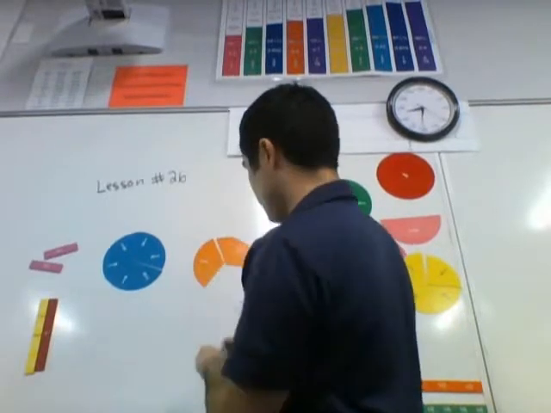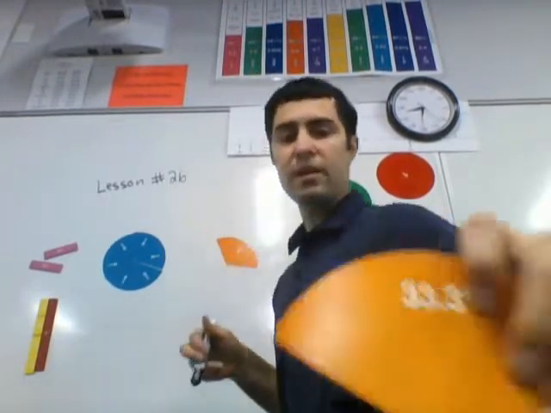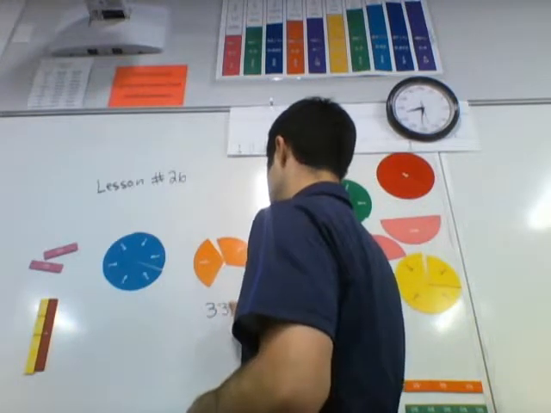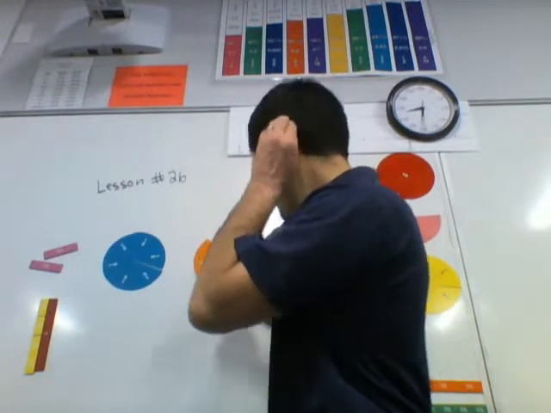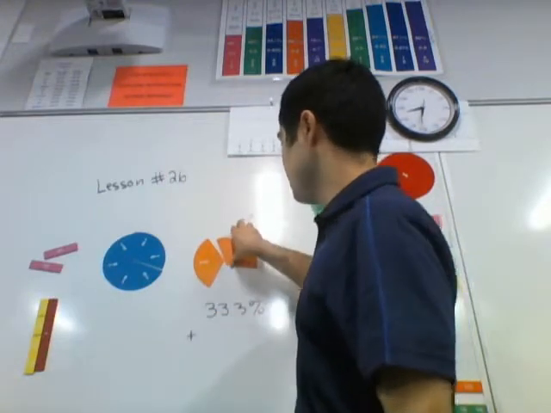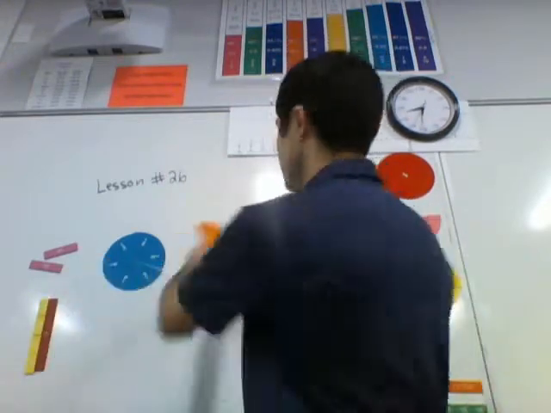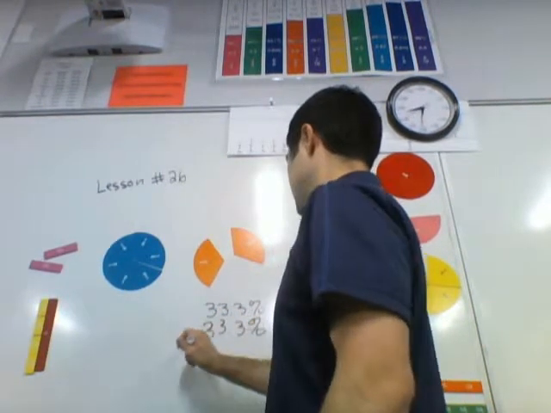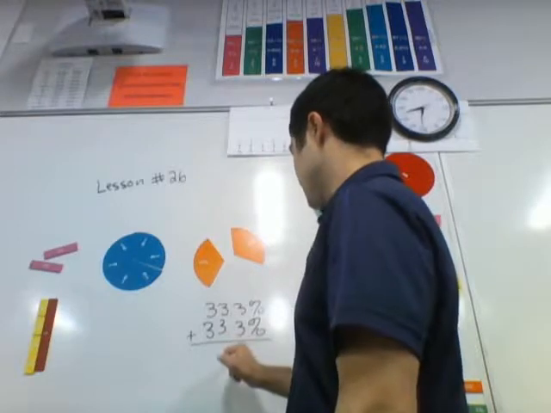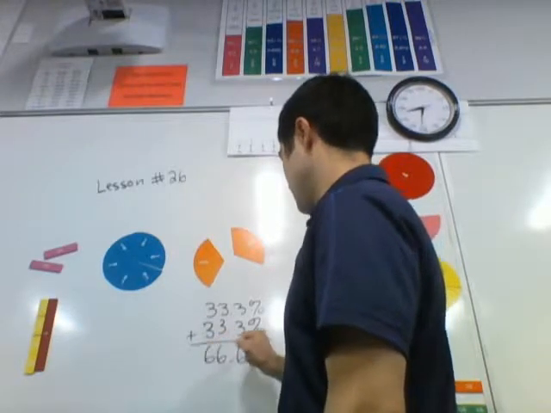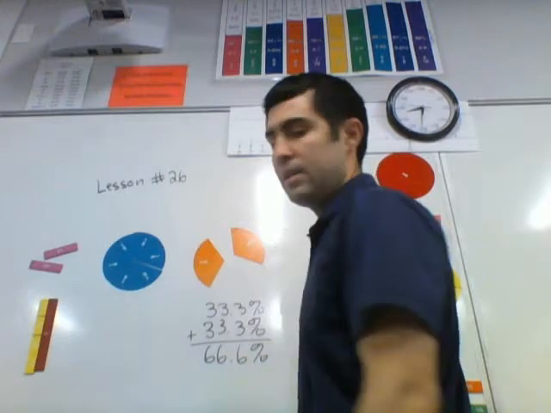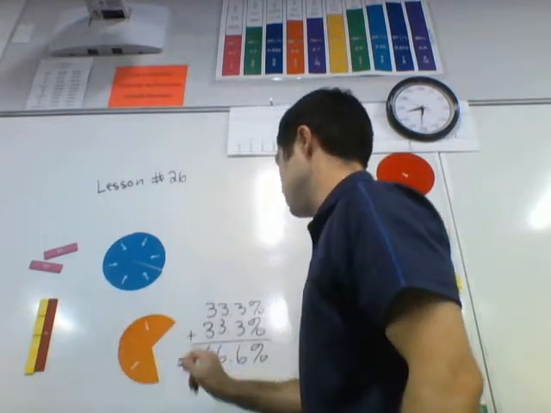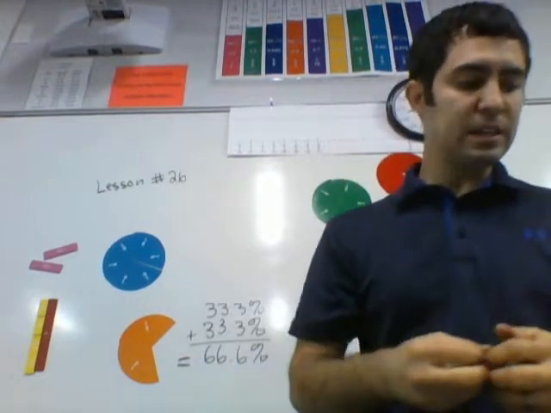So we're going to take 1/3, which we've already figured out is 33.3%, and add that to another third, which is also 33.3%. You add those up, you're going to see that 2/3 is equal to 66.6%.